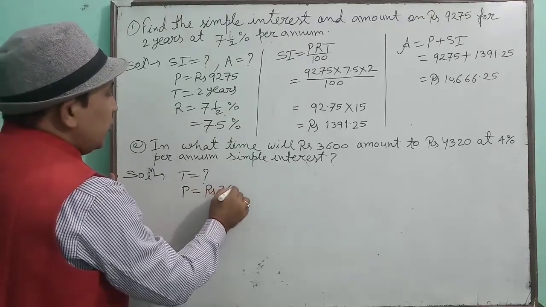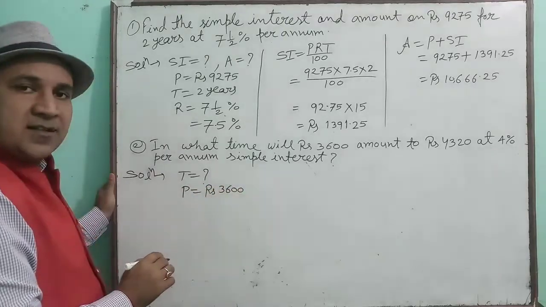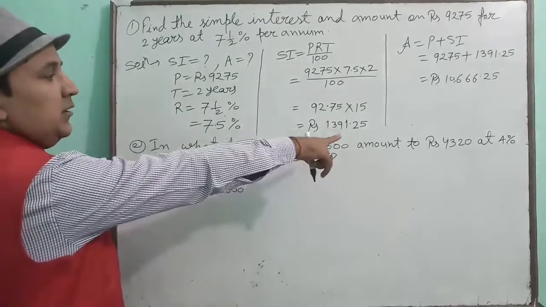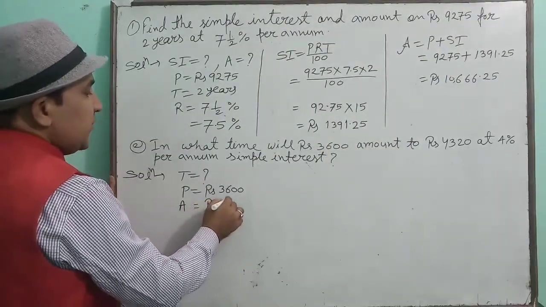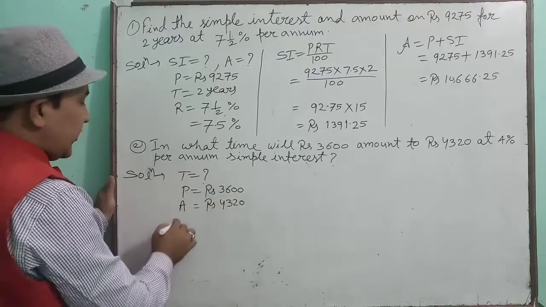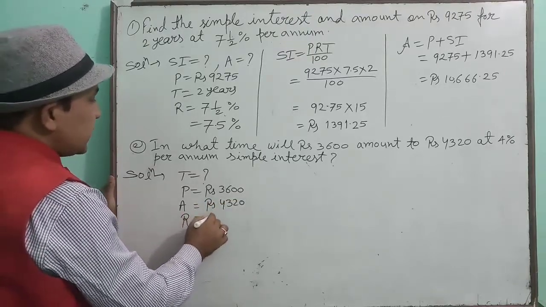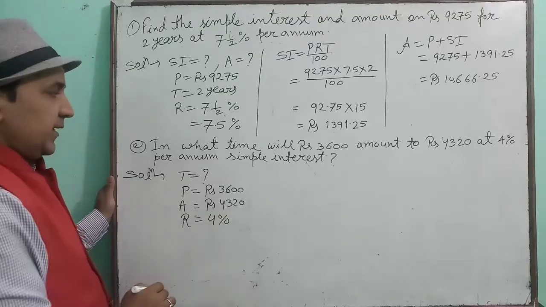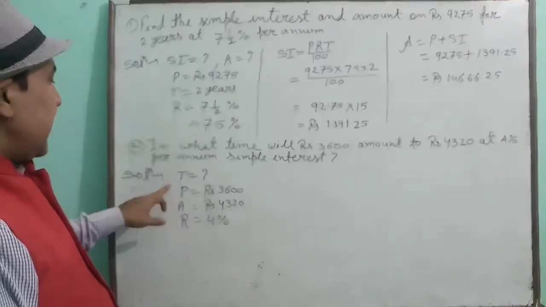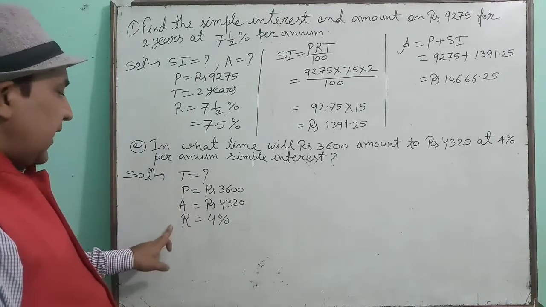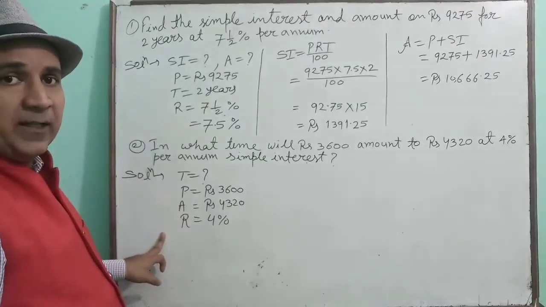That means rupees 3,600 is the principal amount and the amount is rupees 4,320 and rate percent is 4%. Understood? We have to find the time. Principal, amount and rate, these three things have been given.